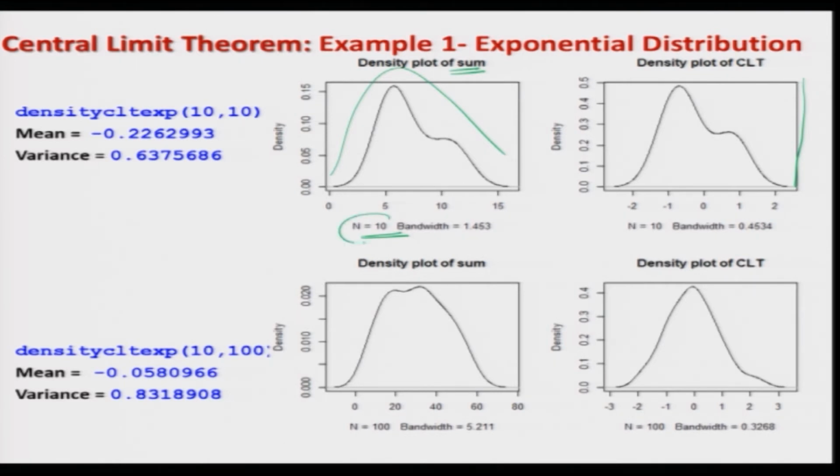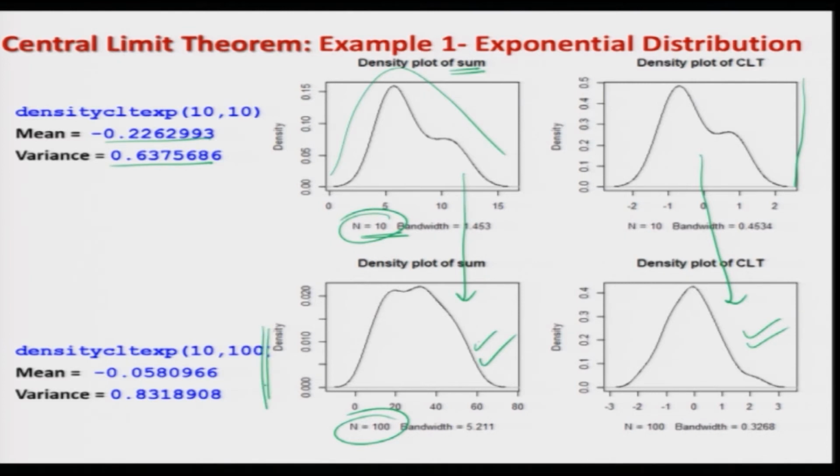from 10 to 100, you can see, try to compare this curve and this curve. What is really happening? This is becoming smoother, but this is now becoming more symmetric. In both cases, the mean and variance are obtained here.